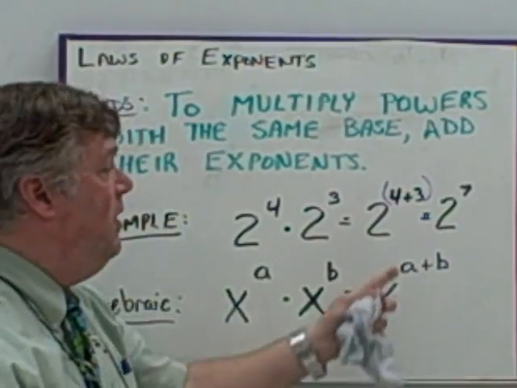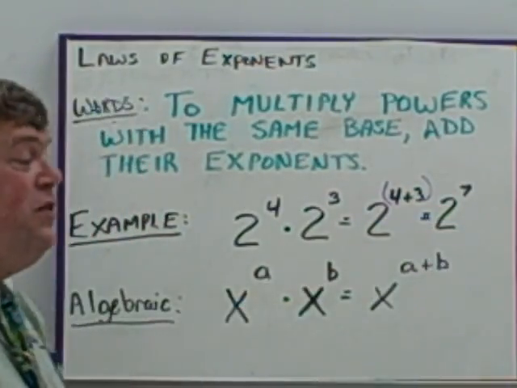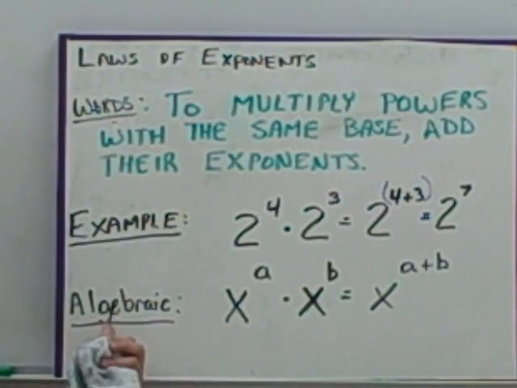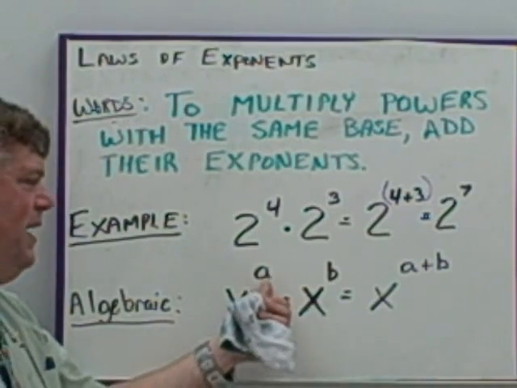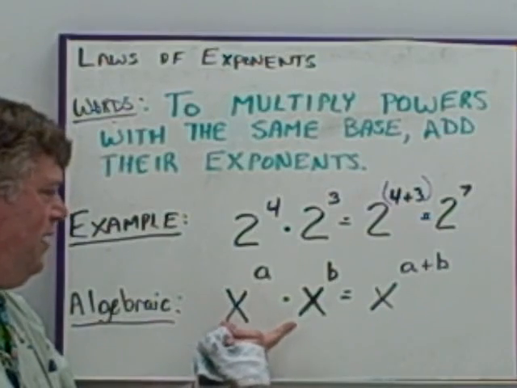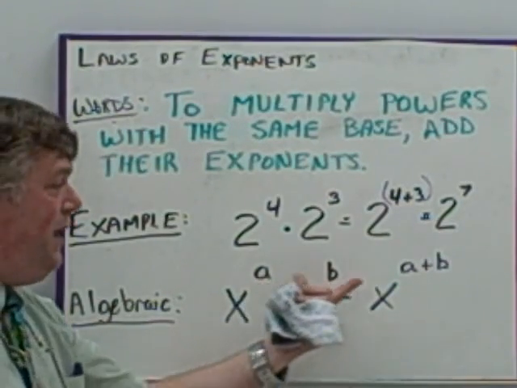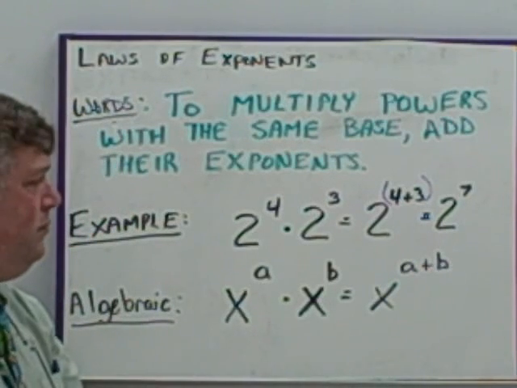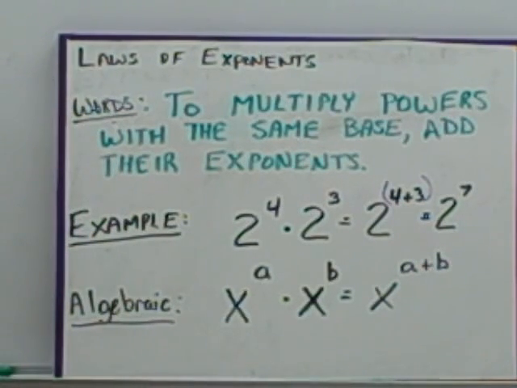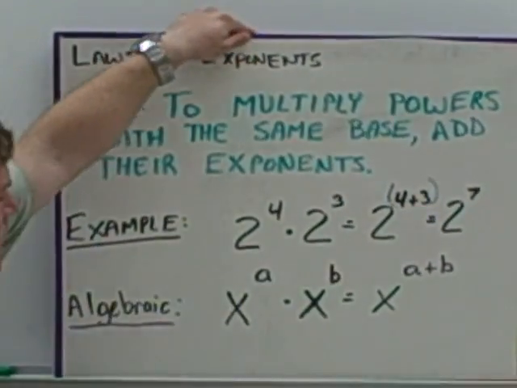Don't have to, but you may want to. And it comes out to 2 to the 7th. Algebraically, this is x to the a times x to the b. Like bases to exponents, you would add the exponents. And that would give you your final answer simplified using exponents.